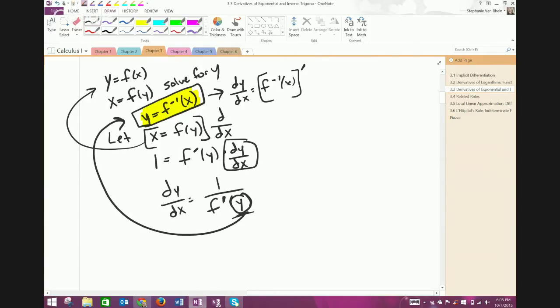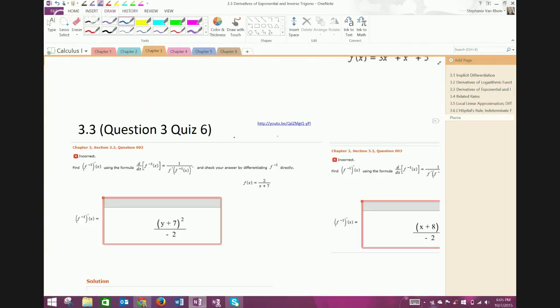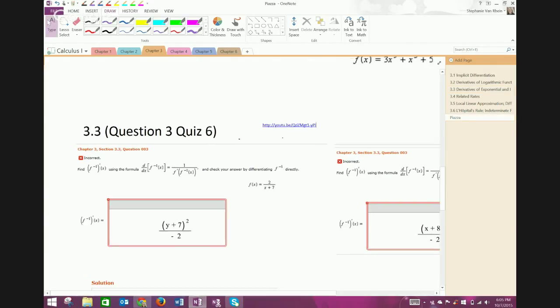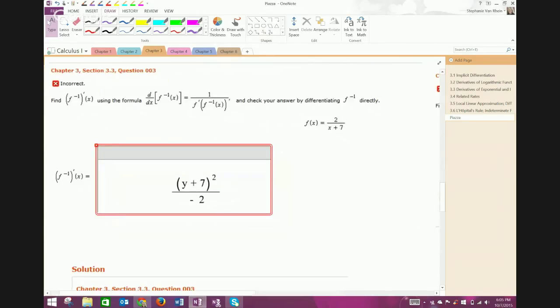Repeating this here, y is the inverse function. Now, it's not always possible to find the inverse, but we can make it a placeholder. And that's what we're doing on Wiley here. Some student submitted this problem, and it didn't work out.